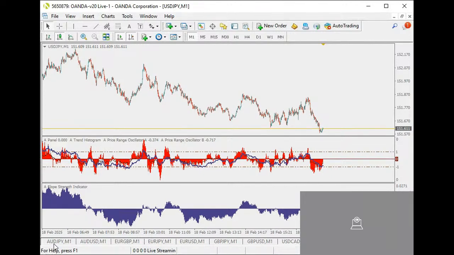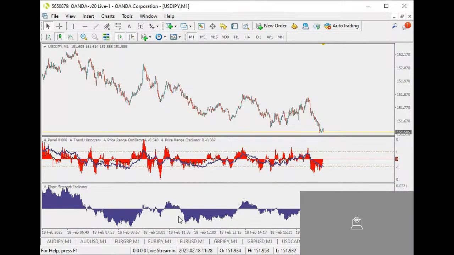I watch about 10 forex pairs, though I might eliminate the euro dollar, British pound at some point because I don't really like its price action, generally speaking. But getting back to my point, I had to change all of the charts, and in doing so, I noticed that the slope strength indicator does not show my levels. So I'm not sure what I did wrong. I'll have to check afterward.